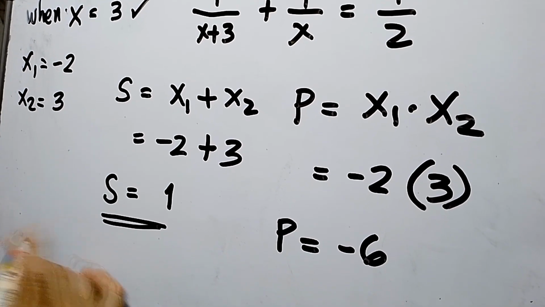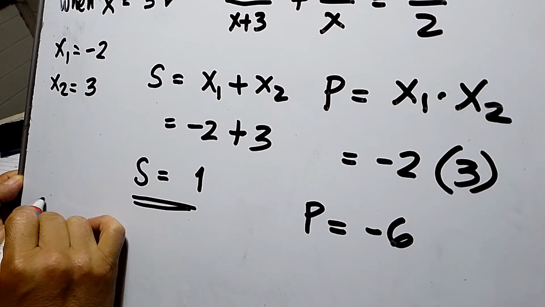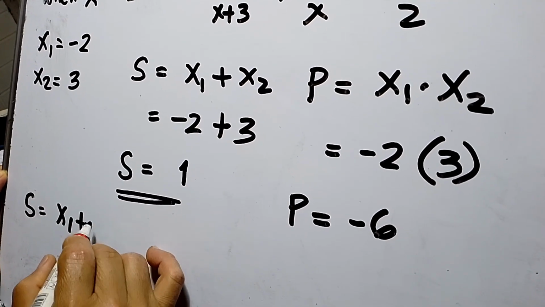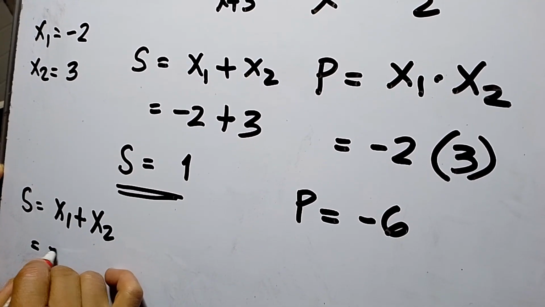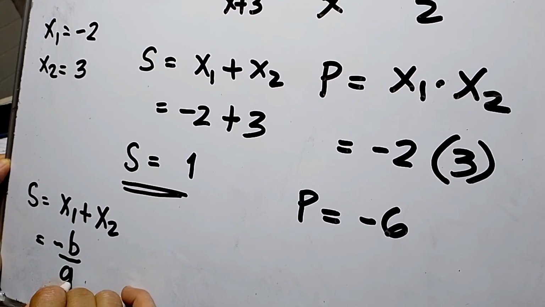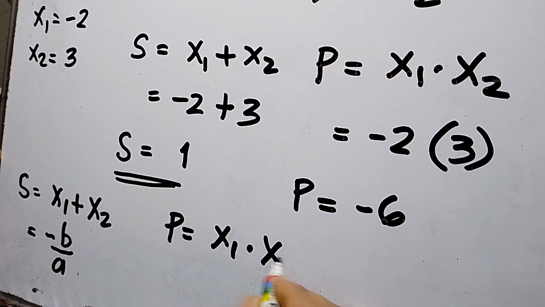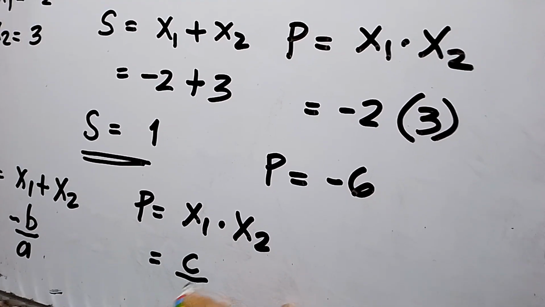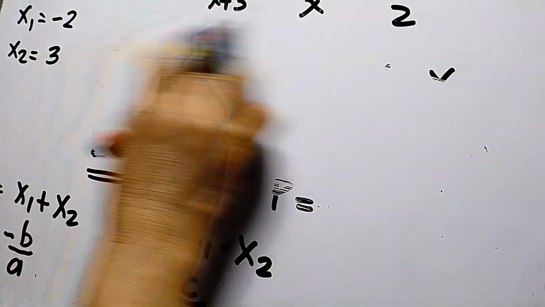So to check if this sum and product is correct, I have another formula: S is equal to x1 plus x2, or this will be equal to negative b over a. And the product is x1 times x2, so another formula is c over a. But we need to do this in the given quadratic equation.